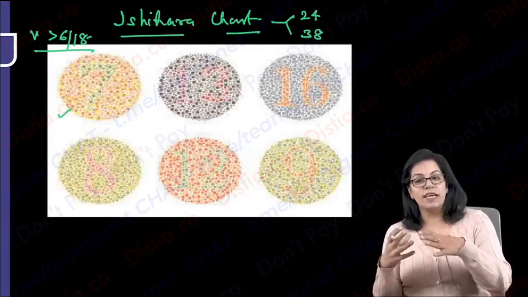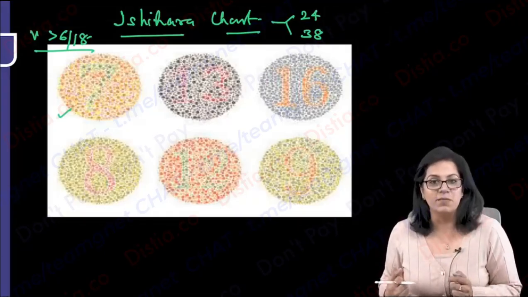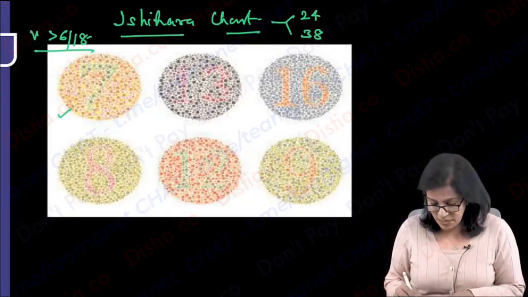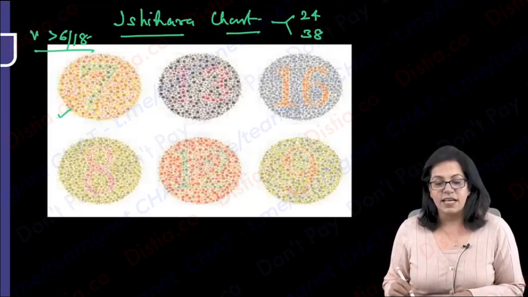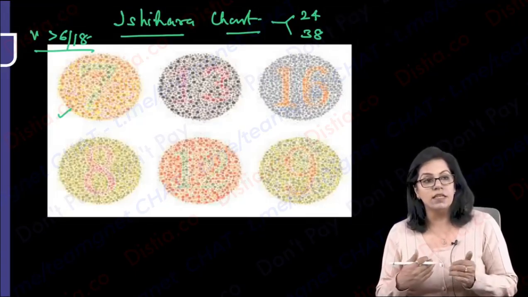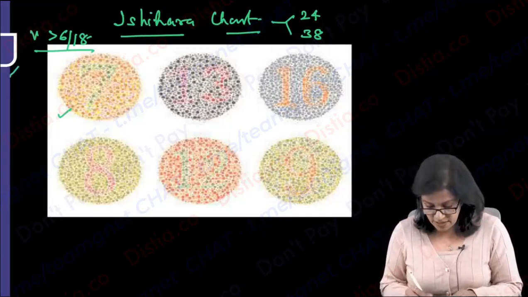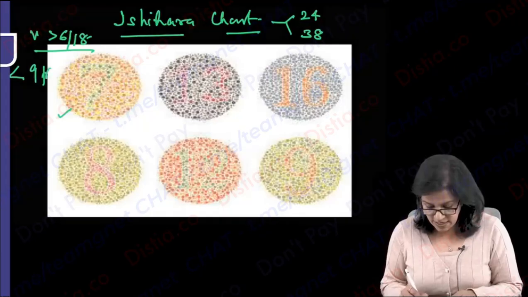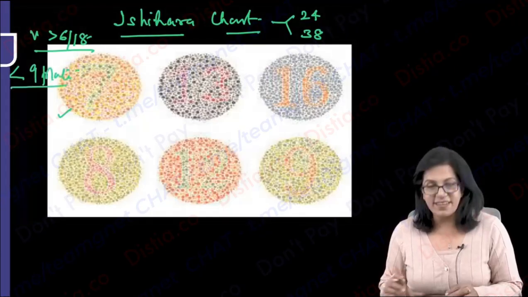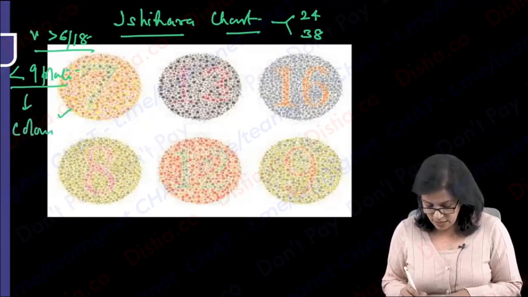And the last are the plates which a normal person cannot read, but the colorblind can say something about it. So if this patient is not able to read less than 9 plates, we then diagnose it as color blindness.